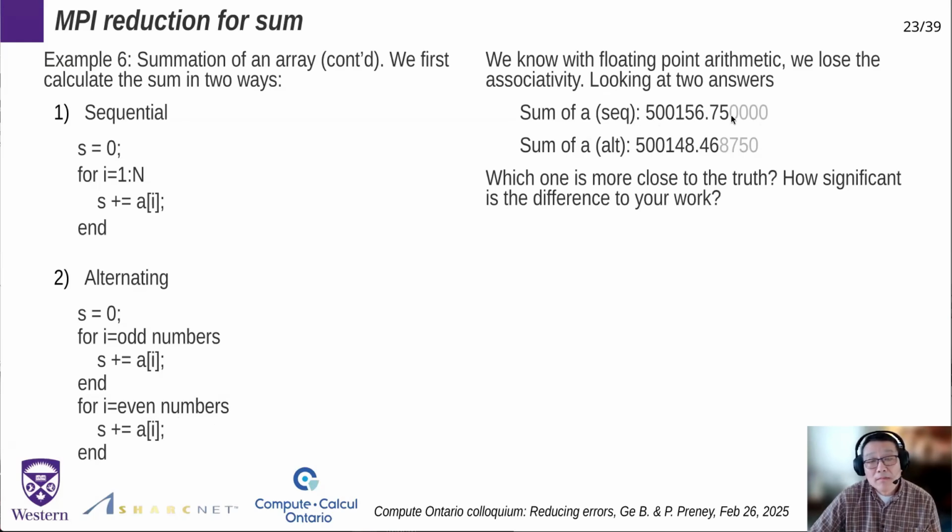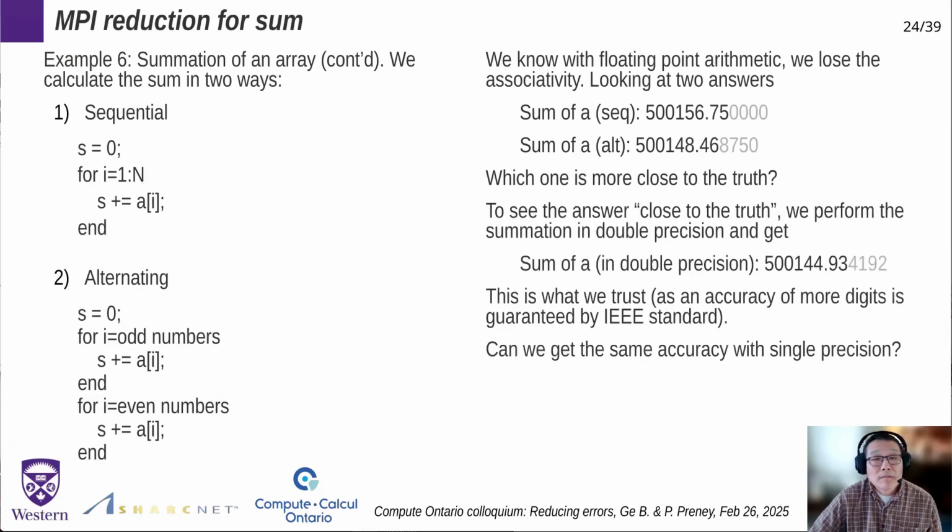This is the total sum for 1 million elements. And for using alternating loops, we got another number. And then the question is, which one is closer to the truth? What is the actual correct answer? And how significant is the difference to your work?